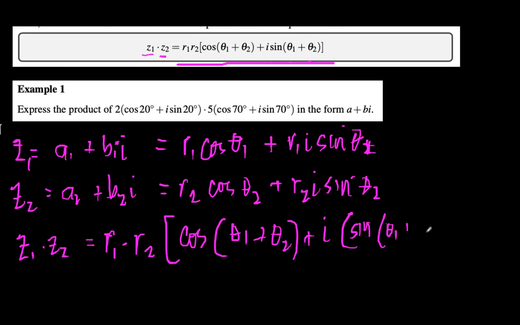So when we multiply, we just add the angle measures. Look at this. We just added the angle measures, but the form is still the same, and the radius of the two complex numbers were just multiplied. Did you get it, guys? Nakuha po ba yun? Okay.